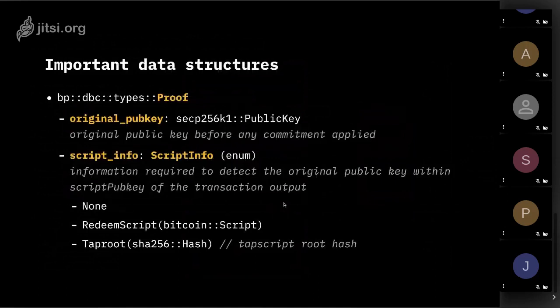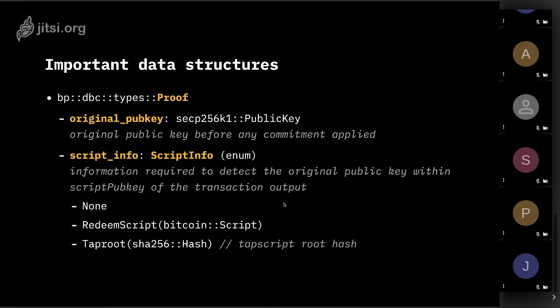There is an important data structure, which is basically the proof. While at the different levels of deterministic Bitcoin commitments we use different containers and different supplements, the proof is the same data structure for all levels. And it consists, as I said already, of the original public key and the script info, which basically depends on the particular transaction output structure. There might be three types of script info.